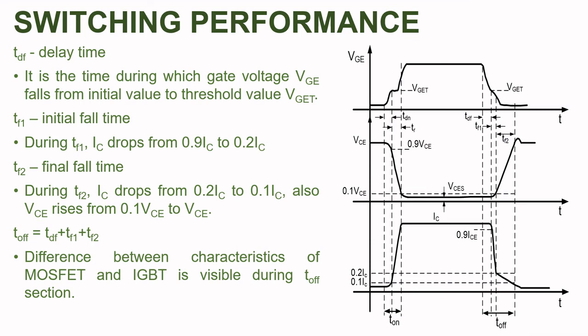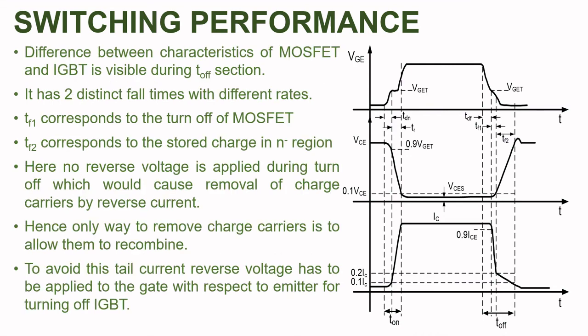The major difference between the characteristics of MOSFET and IGBT is visible during the off section of characteristics. As we can see over here, the characteristics of IGBT have two distinct fall times with different rates.